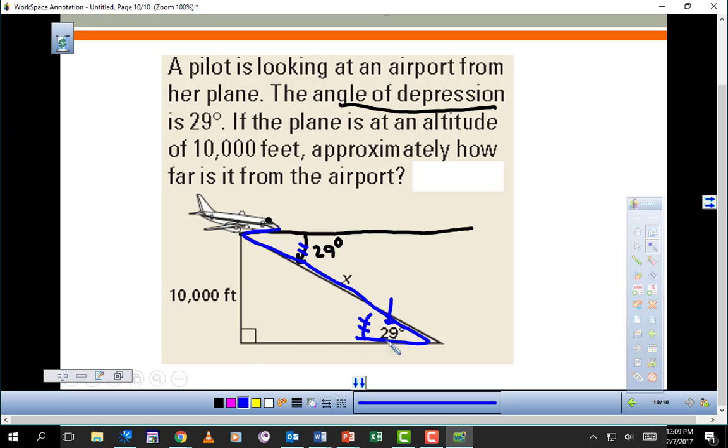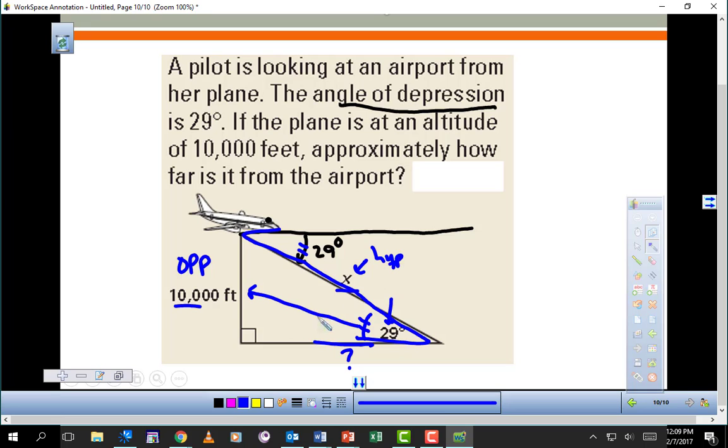By the way, if this is a 29-degree angle and I know this side and this side, which of the three trig functions do I want to use? Sine, cosine, or tangent? Cosine? Well, that's my angle right here. I don't know the adjacent side, do I? So this side over here is the opposite side, and this one's the hypotenuse.